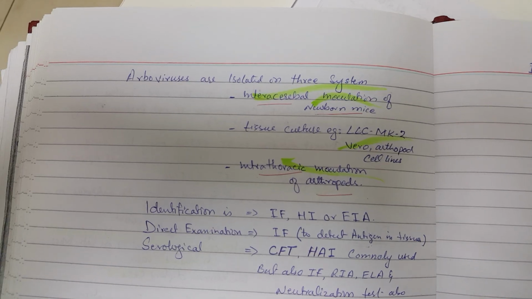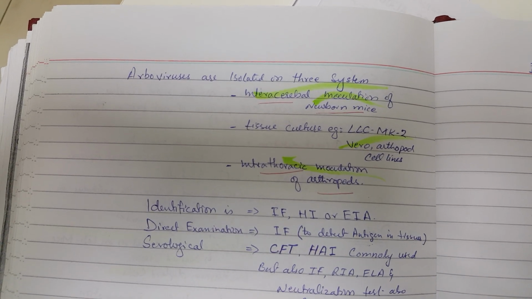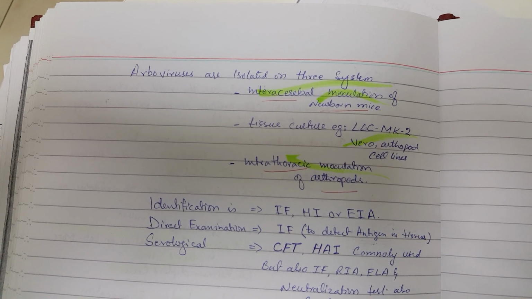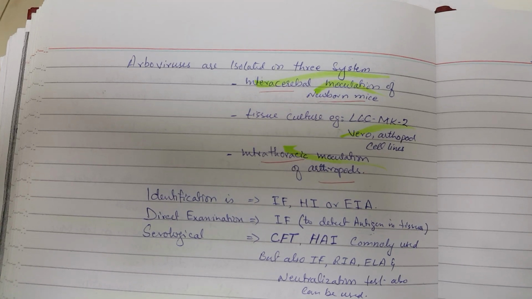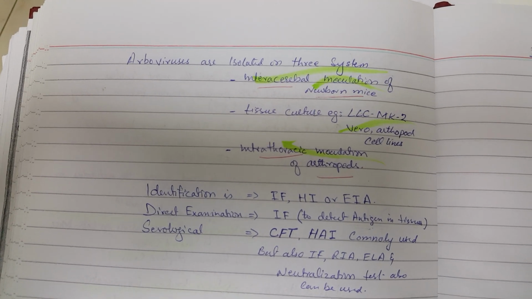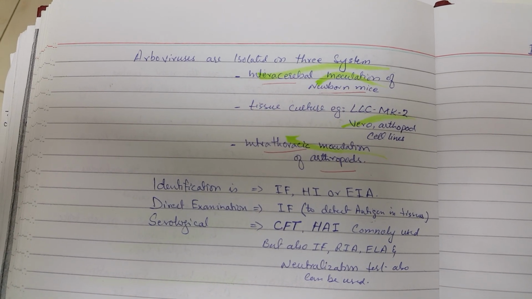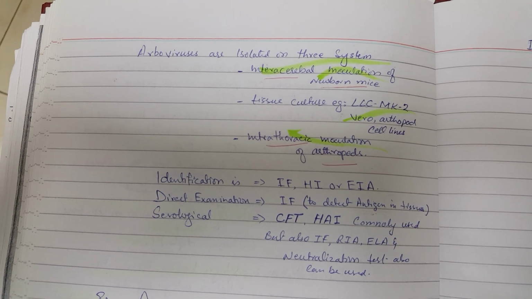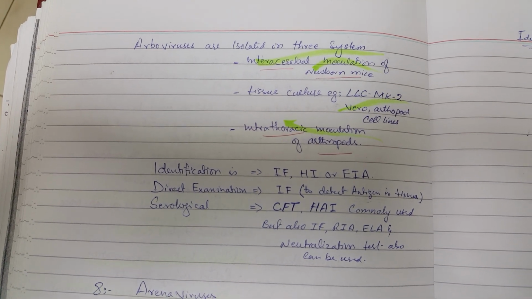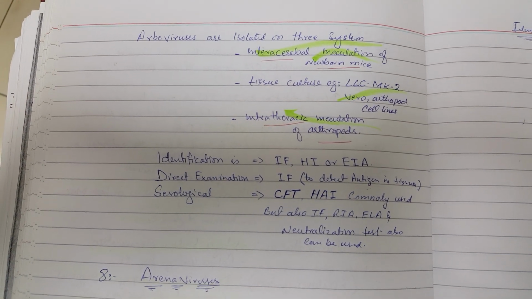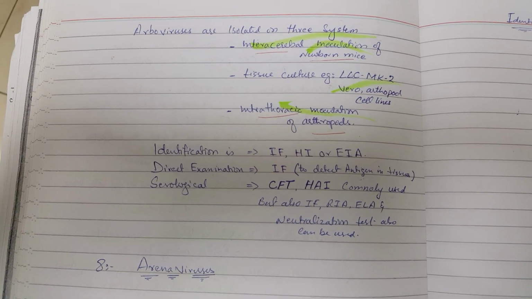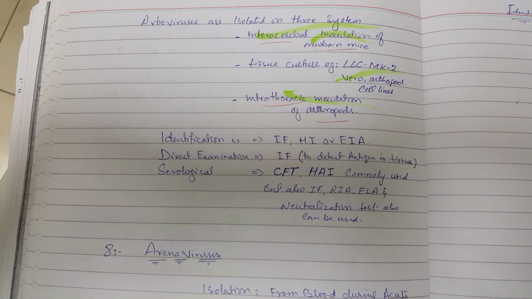For arboviruses isolation, three systems are used: intracerebral inoculation of newborn mice, tissue culture on LLC-MK2 or Vero arthropod cell line, and intrathoracic inoculation of arthropod.